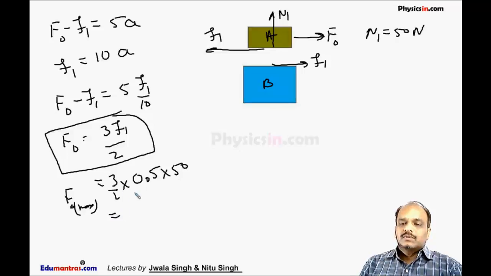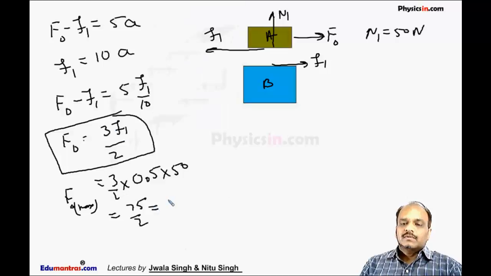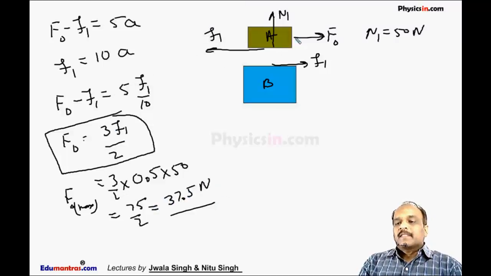So it is equal to 75 by 2. 75 divided by 2 is 37.5 Newton. This means the maximum force which we can exert is 37.5 Newton. Up to 37.5 Newton, the acceleration of A and B is the same. But if F naught is more than 37.5 Newton, the acceleration of A and B is different.